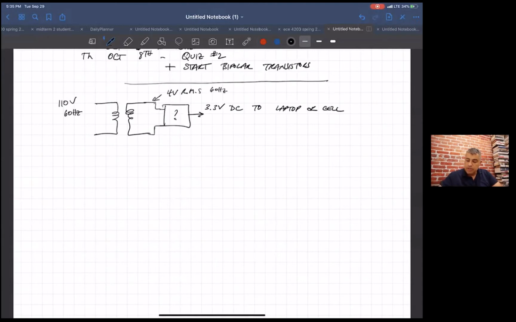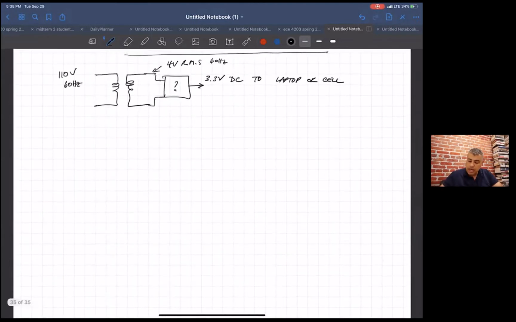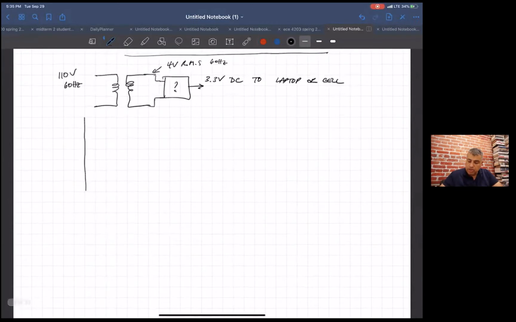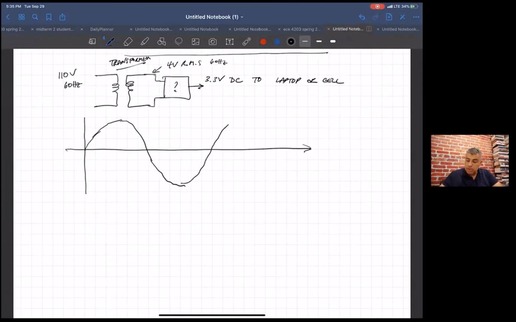So the problem we're trying to solve is we have an AC signal. This is a transformer. On one side of the transformer, we have 110 volts. On the other side, we've dropped the voltage down to something more reasonable, maybe again 4 or 5 volts.